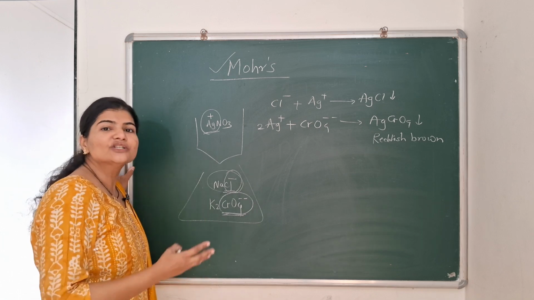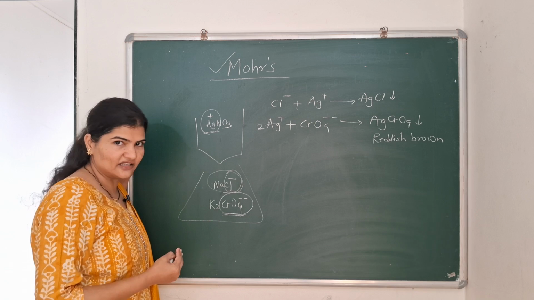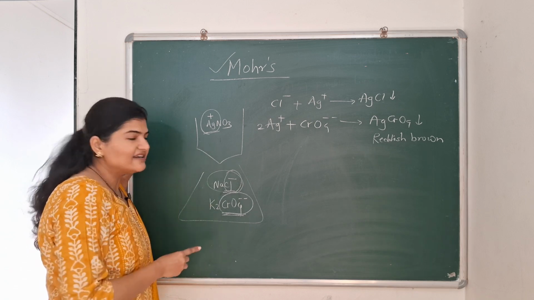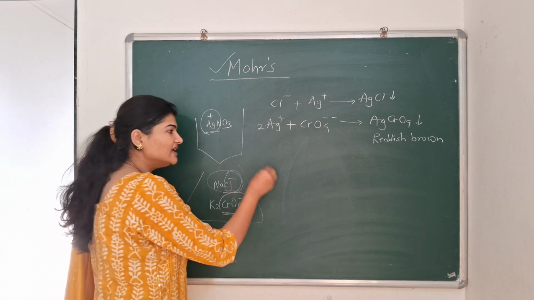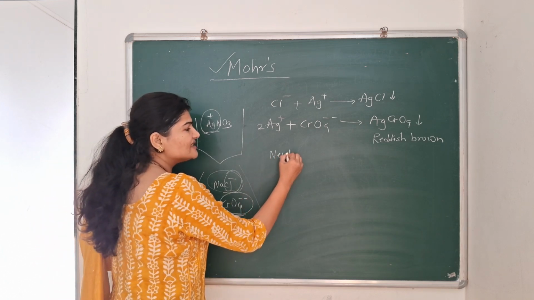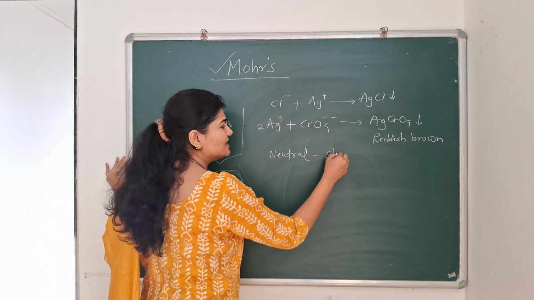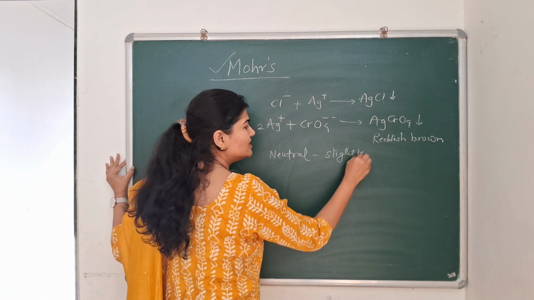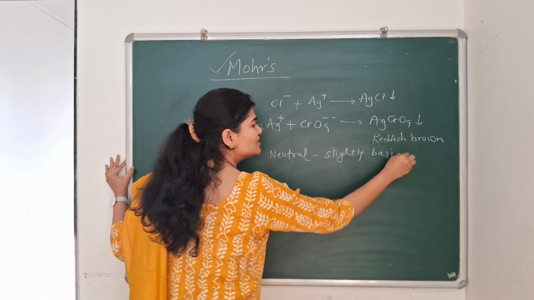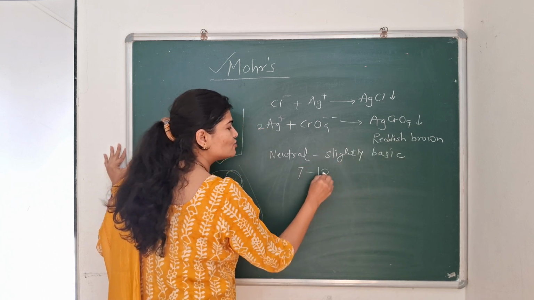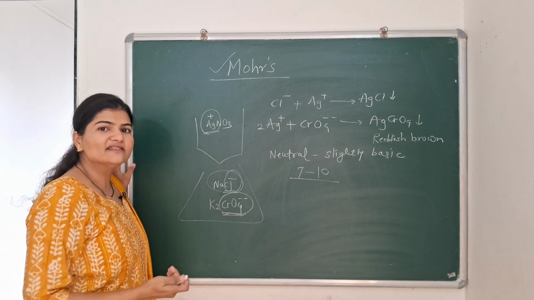Now what are the conditions we need to take into consideration? First, this titration has to be carried out in neutral to slightly basic pH. It is very important that we maintain the pH in the range of 7 to 10. Why is this important?